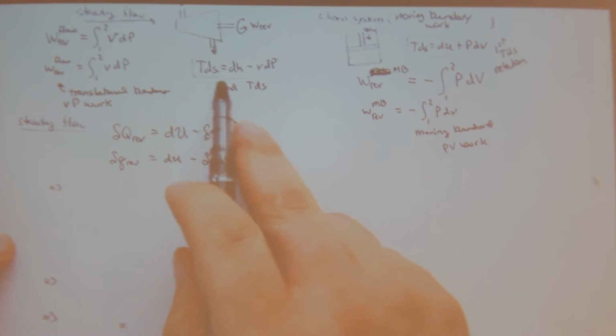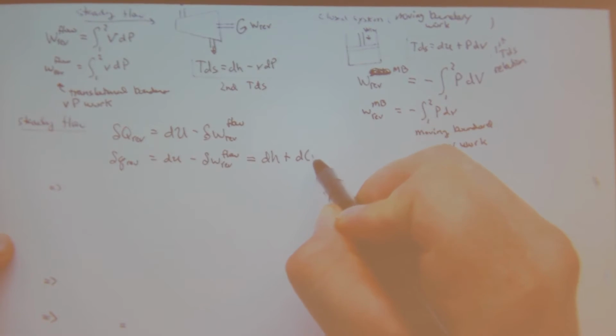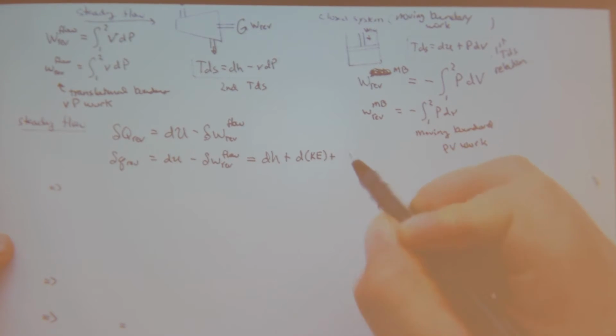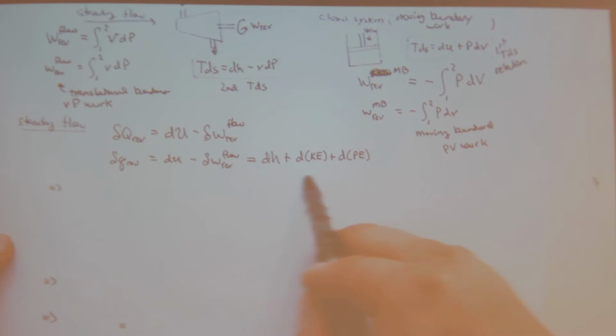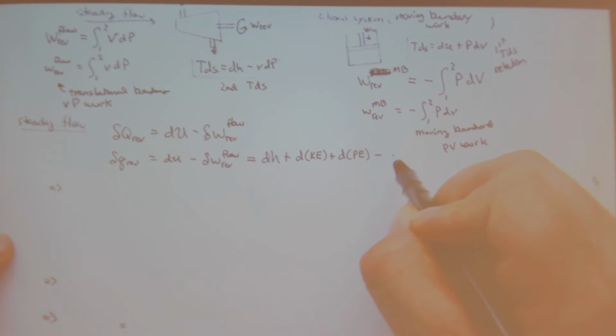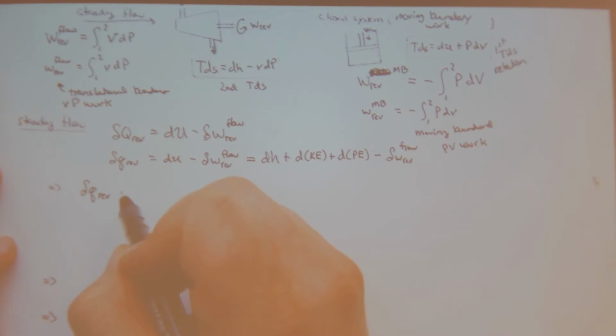But I can't really just do only that. I have plus d kinetic energy plus d potential energy. So this is my q, this is my u, right? Minus delta work reversible flow. So I have delta Q reversible. I'm going to add this to both sides.